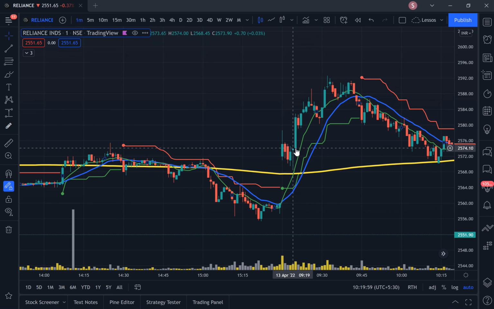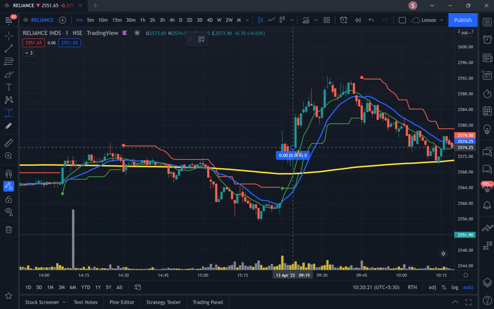So if you take an entry over here, that is 2574, you can see the price 2574, you're putting in your stop loss below the super trend, 2574, then you are putting it at 2461. All right, so that will be how much in terms of percentage?